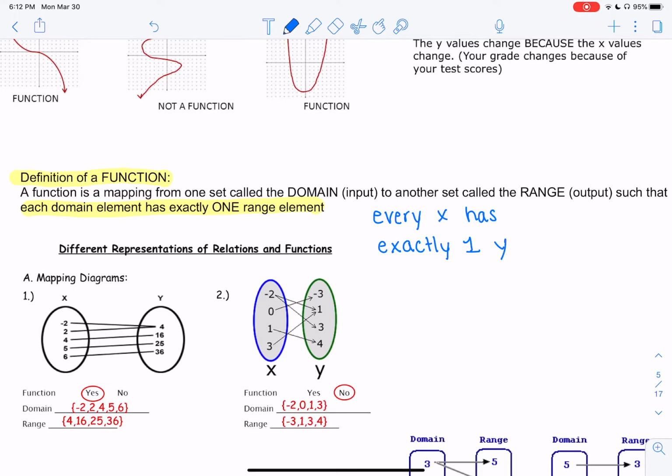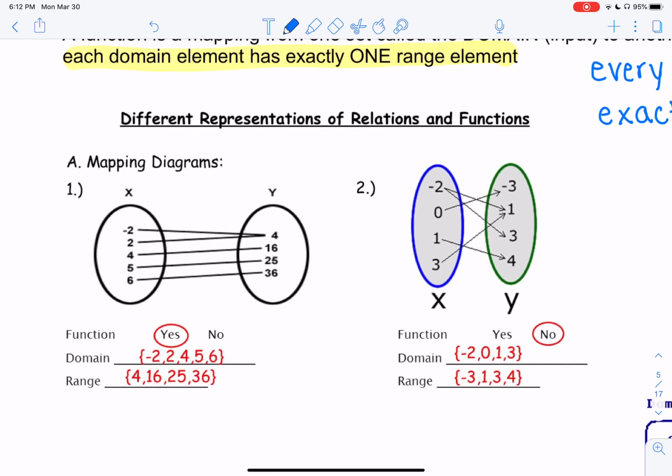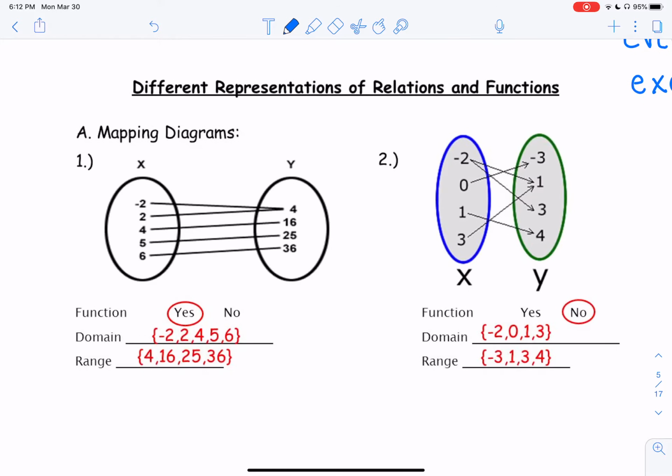All right, so if I look at this using a mapping diagram, that's using these examples down here, I can see a scenario here on the map number 1 where there is a shared element over here in the y values. The number 4 is being shared with both a 2 and a -2. This is allowed for it to still be a function.